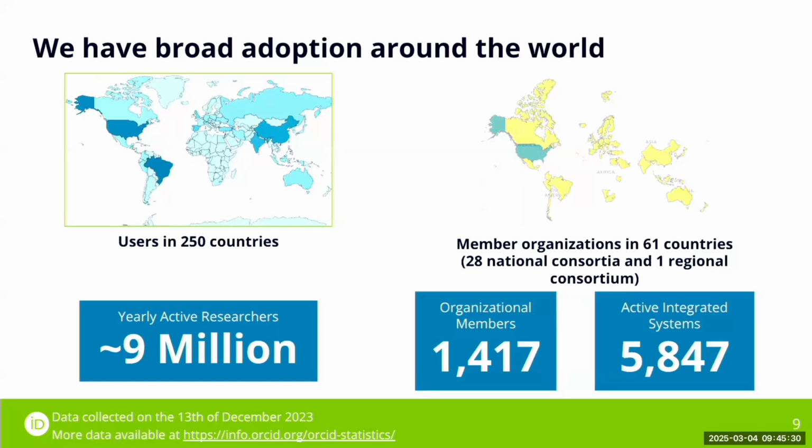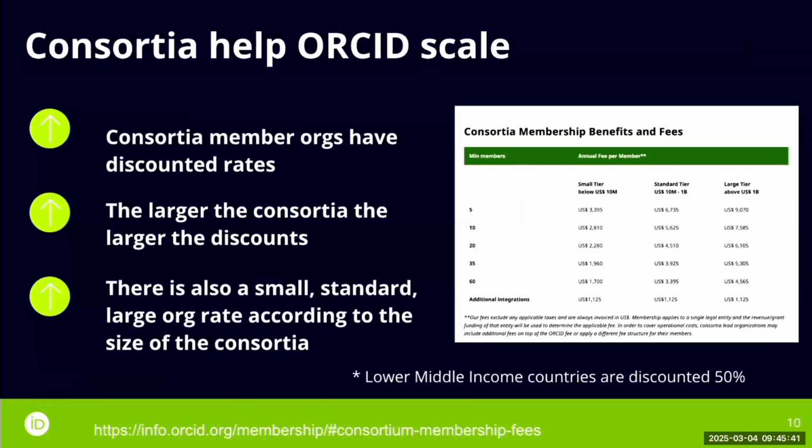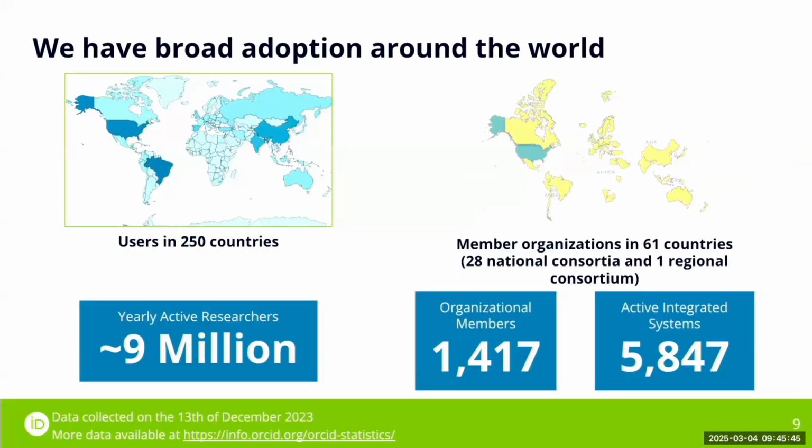Right, Estelle showed you this. I just want to point out one bit of this. So 61 countries. That's very important because most of these 61, as I mentioned, are in consortia, but they're also overwhelmingly in North America and Europe.